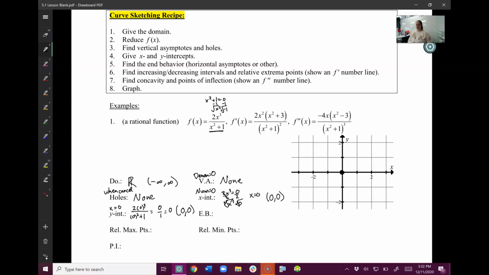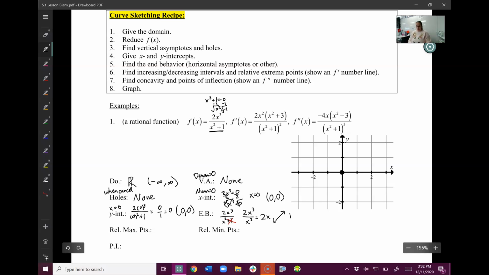Ta-da! End behavior is where I ignore all the things that don't really matter, because this is as we're going to infinity. So infinity, that plus 1 doesn't really matter. So I've got an end behavior of 2x cubed over x squared, which is going to simplify to 2x. Now, if I think of the graph of 2x, that's a linear that goes up, a positive linear.